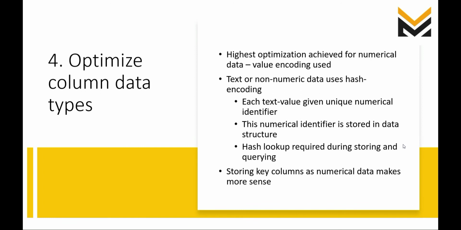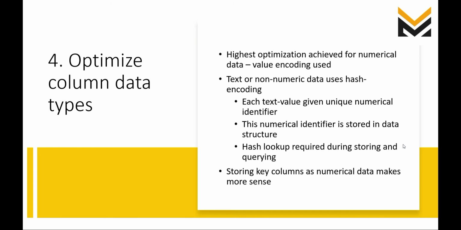Then the fourth technique is optimize column data types. In case of Power BI, the highest optimization is achieved with numerical data. Why? Because in order to compress and save this numerical data in the VertiPaq cache, value-based encoding is used, so it's just a one-step process. But in case of text or non-numeric data, hash encoding is used.